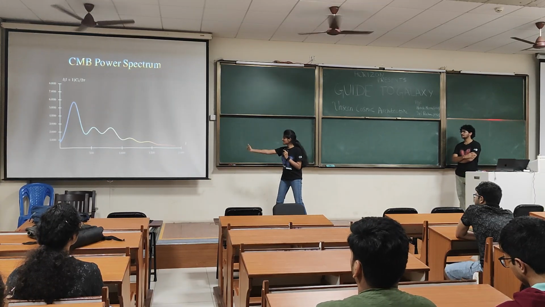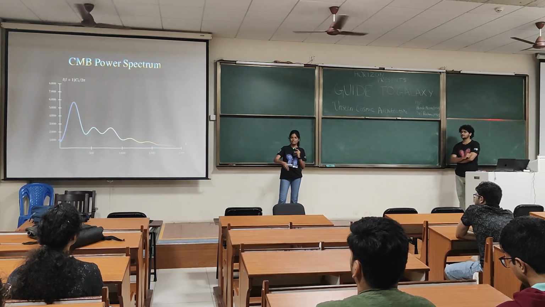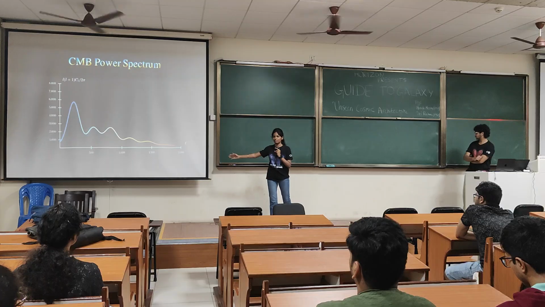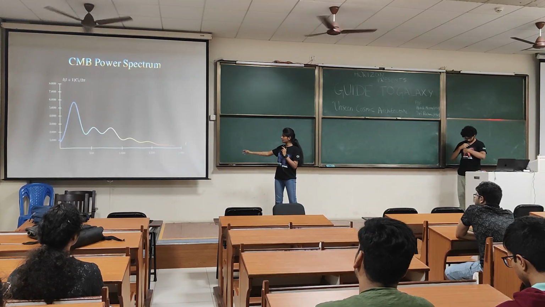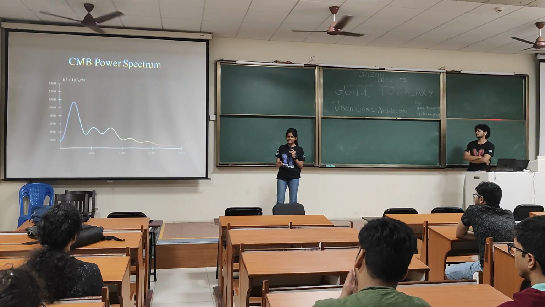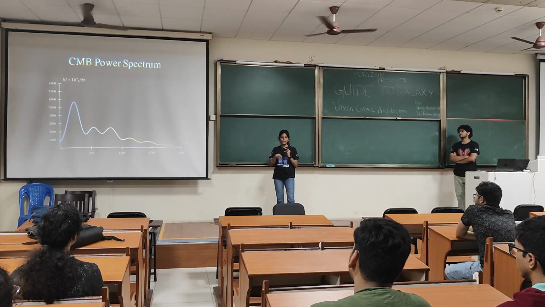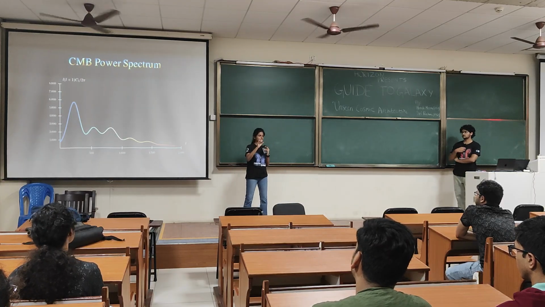So the strength of those temperature fluctuations is given using this statistical plot, the power spectrum. The x-axis is nothing but the multipole. If it was a linear scale, I would have just taken linear wavelength. But because the CMB sky that we are looking at is spherical, in order to simplify, we took L, which is the multipole, and this is related to angular scale. Angular scale is nothing but the size of the patch that we see in this map.